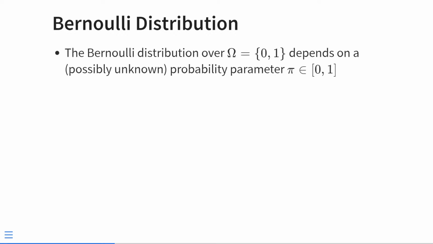Okay, so let's briefly turn our attention away from bowling. The so-called Bernoulli distribution is defined over a sample space that only consists of two elements, which are conventionally denoted 0 and 1, where 1 corresponds to something that you might think of as success and 0 as failure, even though it doesn't really matter which way you think about it.